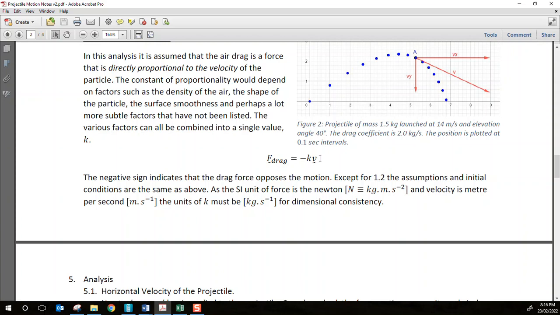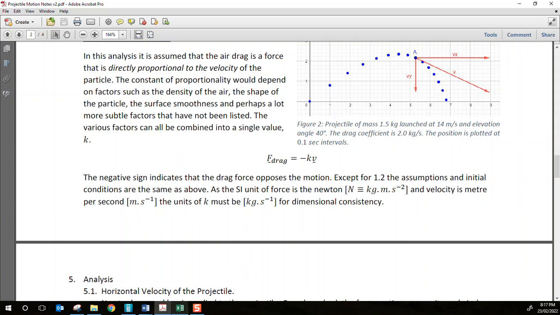Maybe it should be v squared. Maybe it should be v cubed. Maybe it should be v to some power between 1 and 2, like constant times v to the power 1.5. Now, that's beyond us. We're going with this, which is a rather simplistic model for drag, but at least it's better than no drag at all.